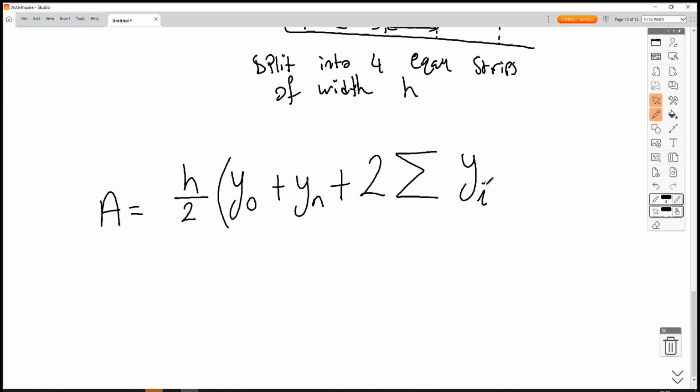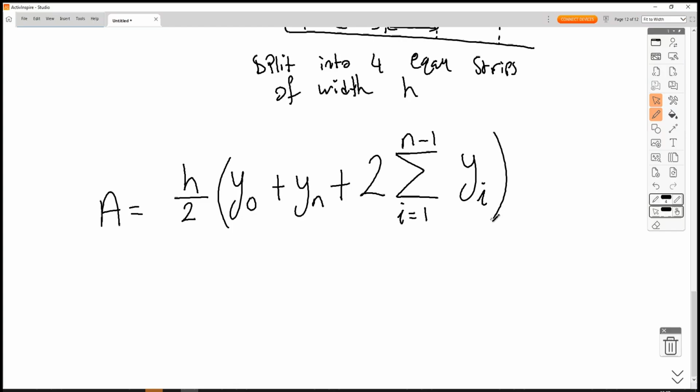So all the y's in between we label as yi, and we're going to start from yi equals to 1, and we're going to finish at n minus 1.